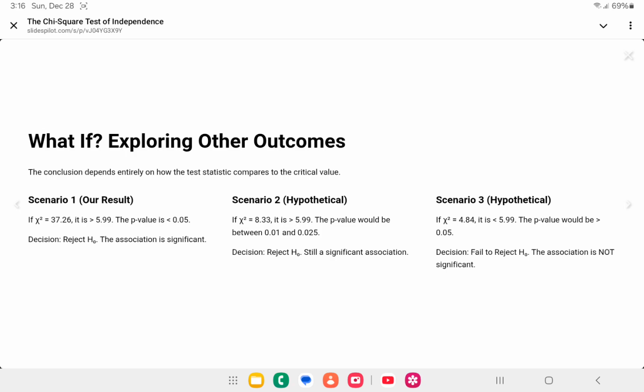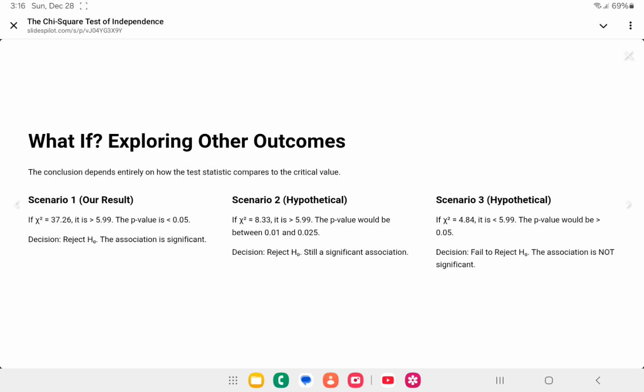Now suppose the test statistic were 8.33. Then the p-value will lie between 0.01 and 0.025. Recall that we reject the null hypothesis if p-value is less than alpha. Since this p-value is still less than 0.05, the result is still significant and we will still reject the null hypothesis. The test statistic is also greater than the critical value, corroborating the decision to reject the null hypothesis.